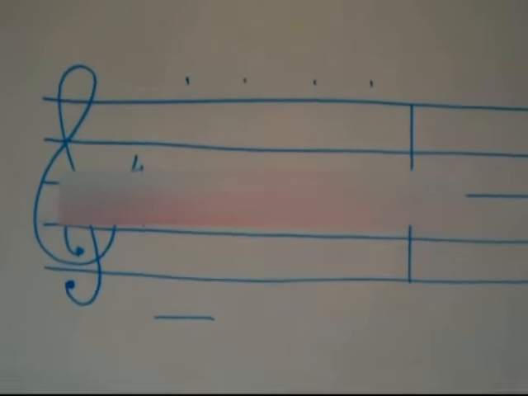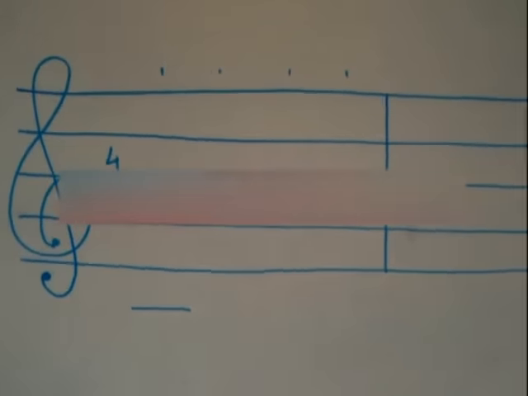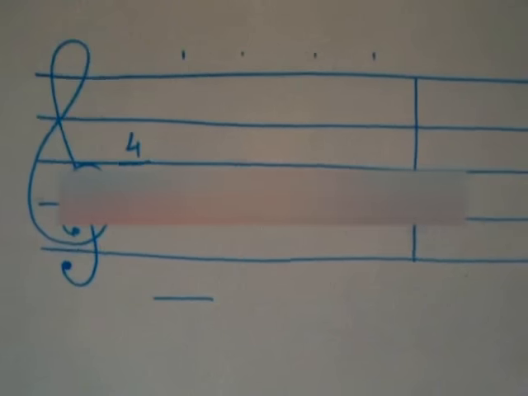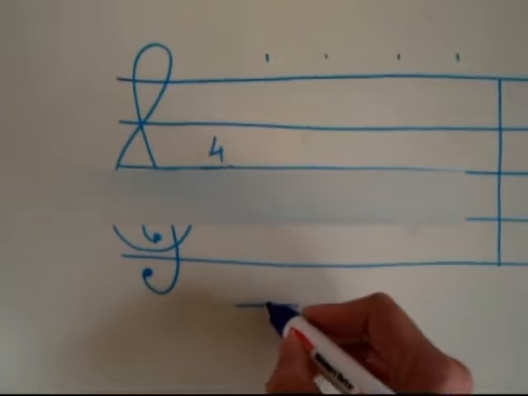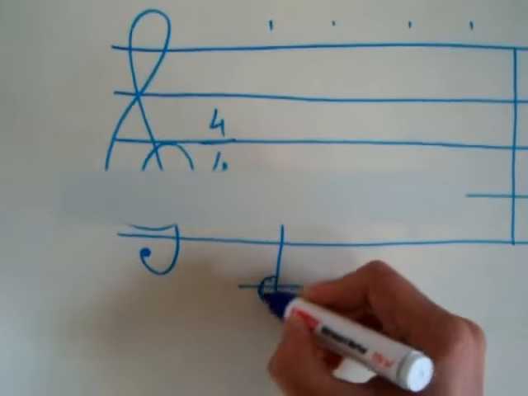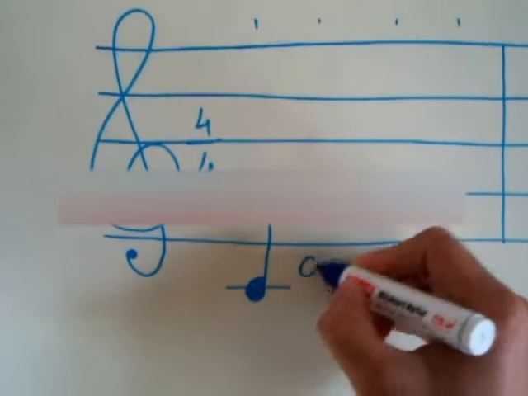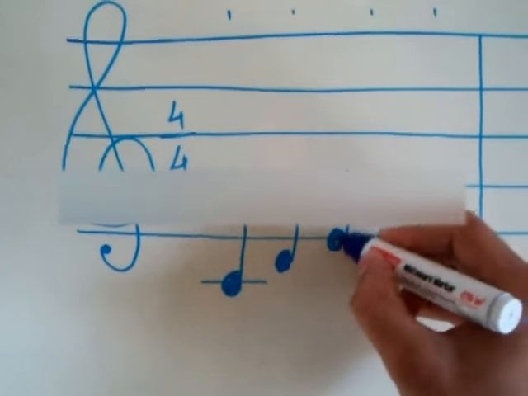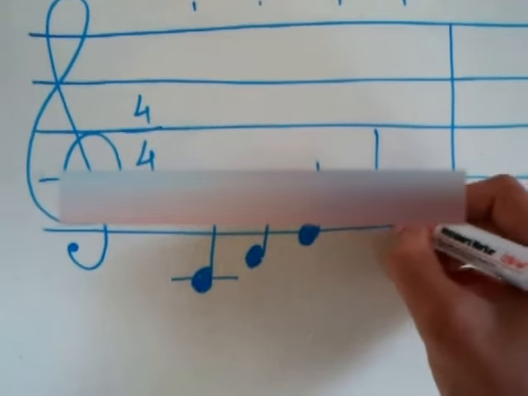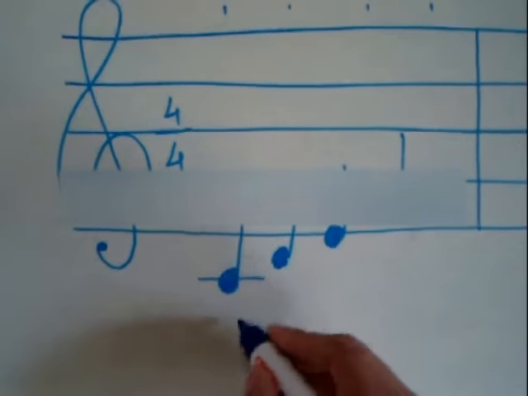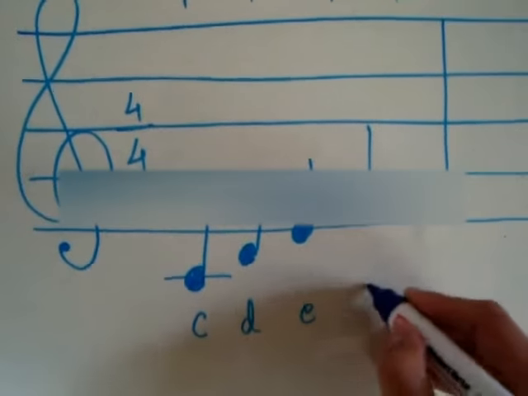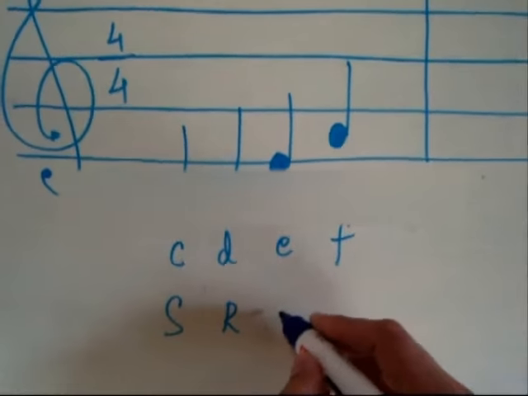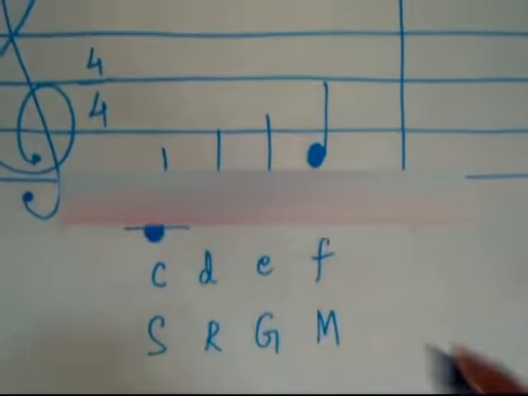And if you want to write sa re ga ma, and if you are in C major scale, then you have to play C, D, E, F. This is your C, this is your D, this is your E, and this is your F. Okay, so this is your C, D, E, F, or your sa re ga ma.